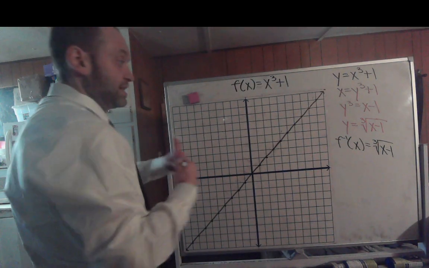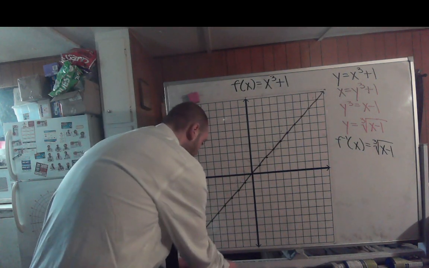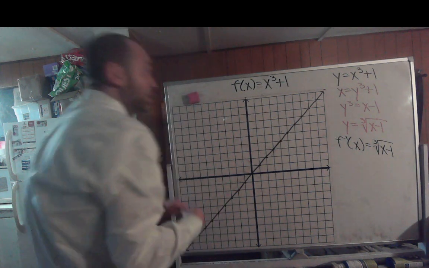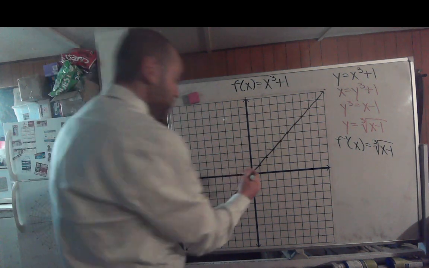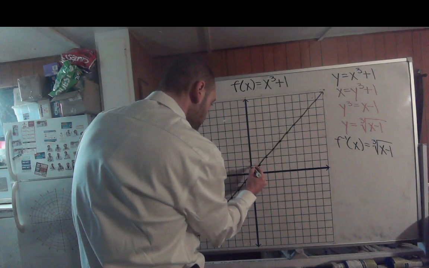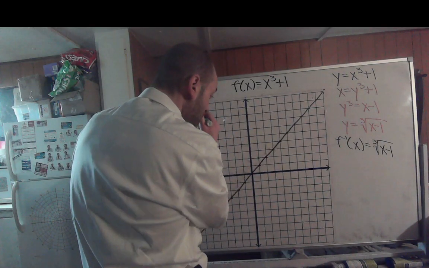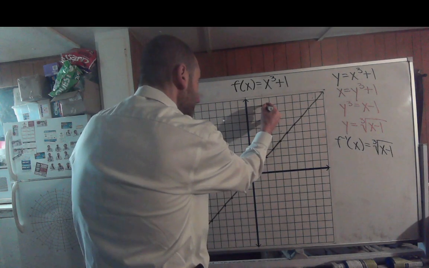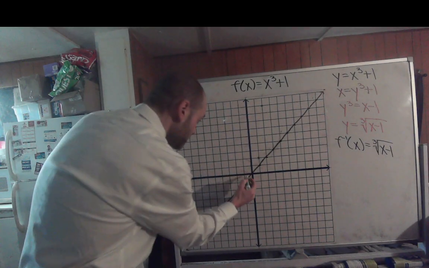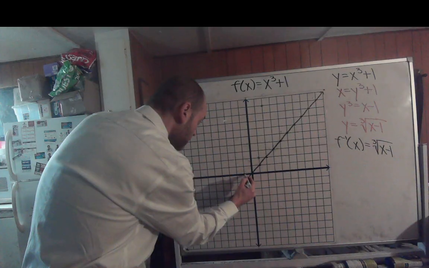Now let's graph these side by side. In green, we will graph f of x, x cubed plus 1. So at 0, you'd have a y coordinate of 1. At 1, you'd have a y coordinate of 2. At 2, you'd have a y coordinate of 9. Now at -1, you'd have a y coordinate of 0.